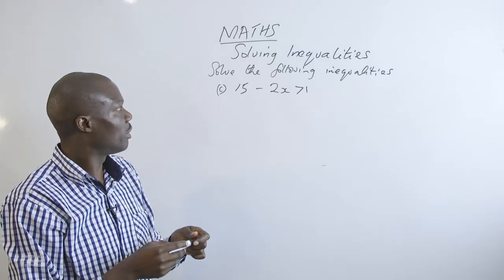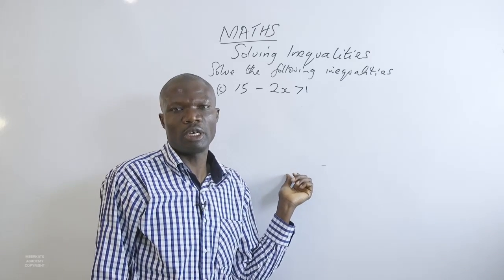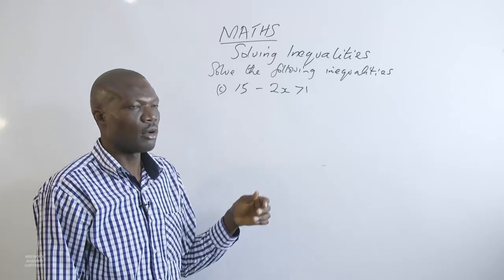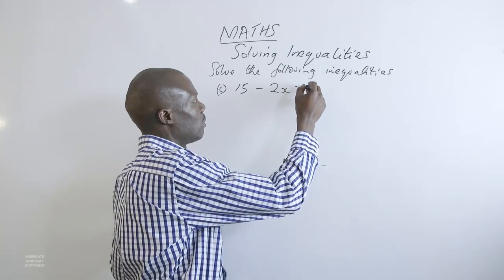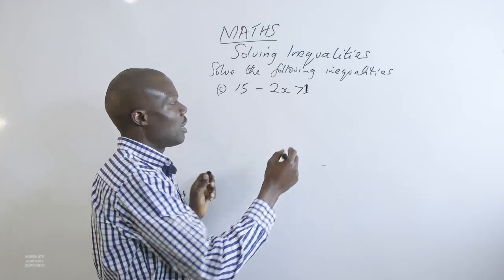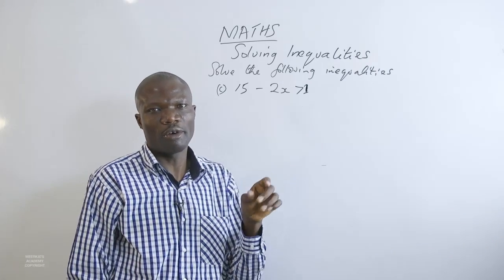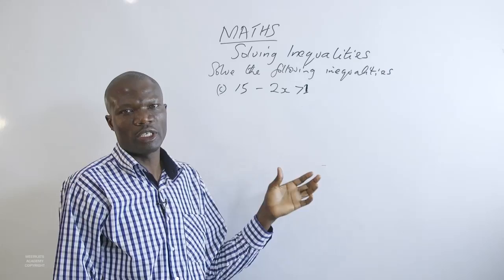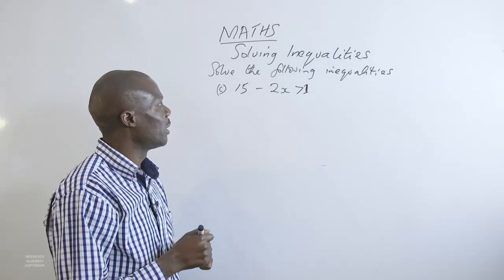We have 15 minus 2x is greater than 1. Now, for this, it's an inequality where we want to see how we approach inequalities which involve a negative coefficient of x.